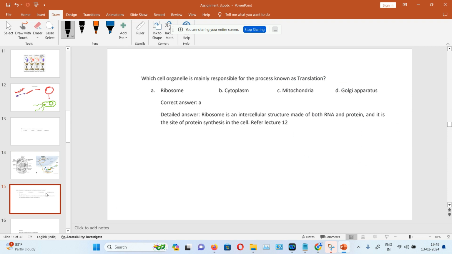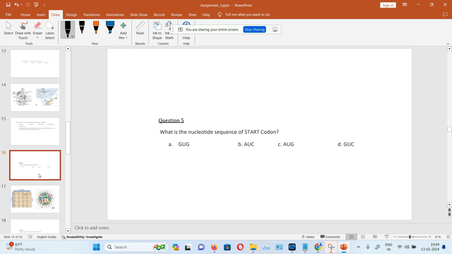So the answer is ribosome. I think from here the questions you people have already covered.